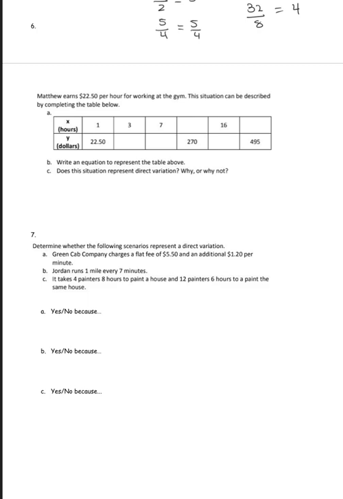All right, so let's take a look at the table for number 6. Number 6 says Matthew earns $22.50 per hour for working at the gym. This situation can be described by completing the table. All right. So if he works 1 hour, he gets $22.50. All right. So we know that. Now, since we know that he gets $22.50 an hour, if he works 3 hours, we have to do $22.50 times 3, which gives us $67.50.